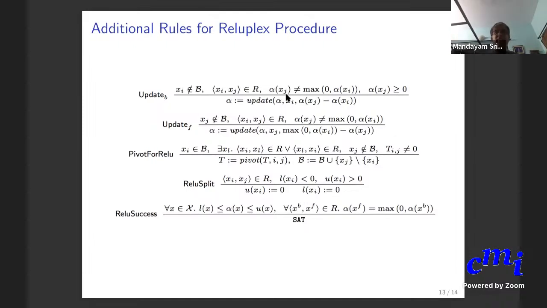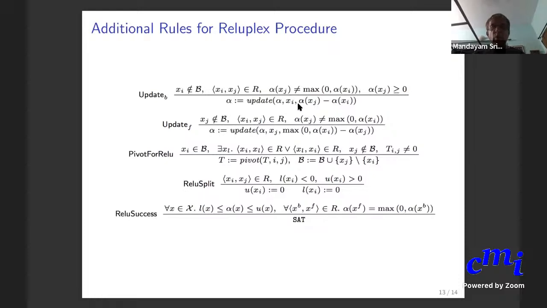Since these updates are applied only after you run the LP, and the LP ensures that all the forward nodes, the value assigned to the forward nodes, are greater than or equal to 0 anyway, this condition is kind of superfluous.